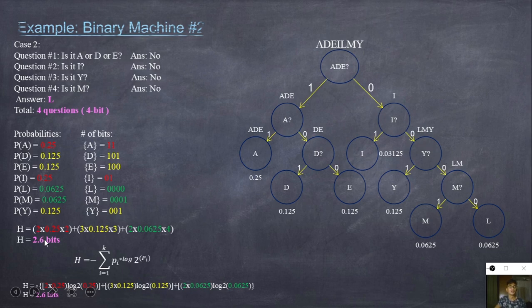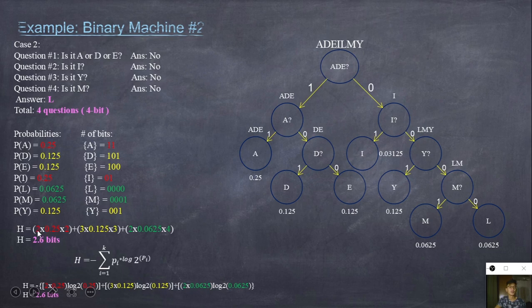So the same procedure applies for the entropy. H is equal to 2 times 0.25 times 2, plus 3 times 0.125 times 3, plus 2 times 0.0625 times 4. So H is equal to 2.6 bits.